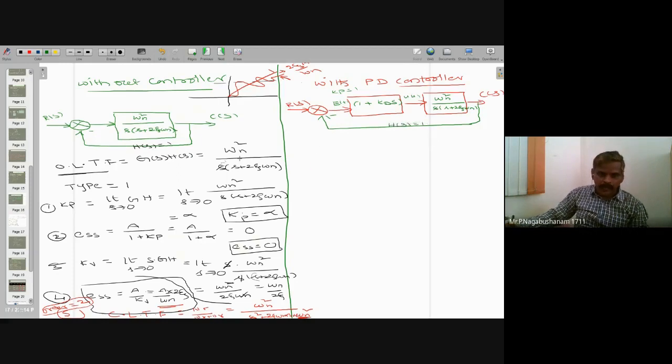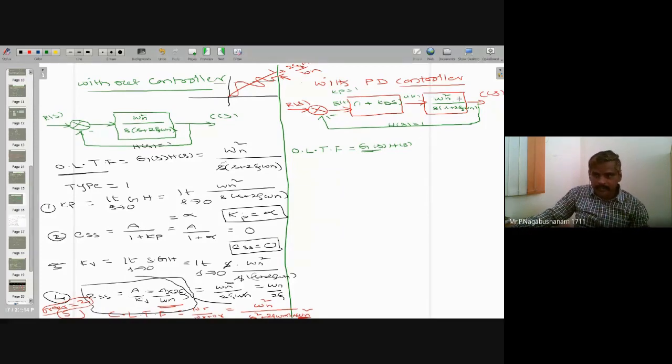Now I'm going to find the open loop transfer function, because I want to compare. For this block diagram, the open loop transfer function is given by the same formula, G of S, H of S. Again I repeat, G of S is nothing but the total gain in the forward path.